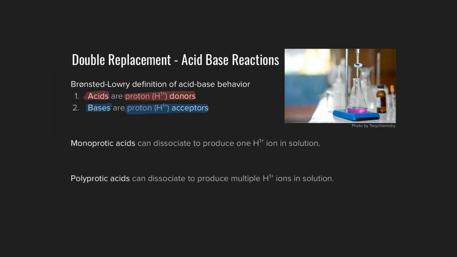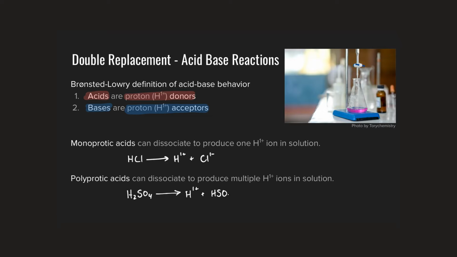A classic example of a monoprotic acid, a really familiar one that you all know and love, is HCl, otherwise known as hydrochloric acid, which when it dissociates produces one H+ ion as well as a Cl- ion. A polyprotic acid you're all familiar with is sulfuric acid, H2SO4. That H2SO4 can dissociate into an H+ ion and the bisulfate ion, HSO4-.